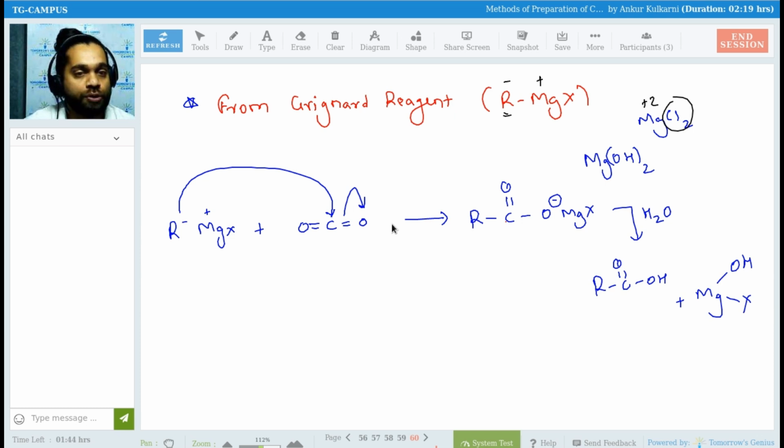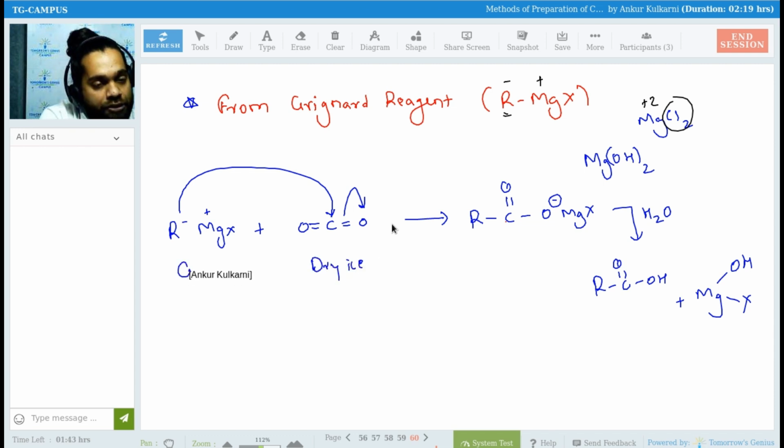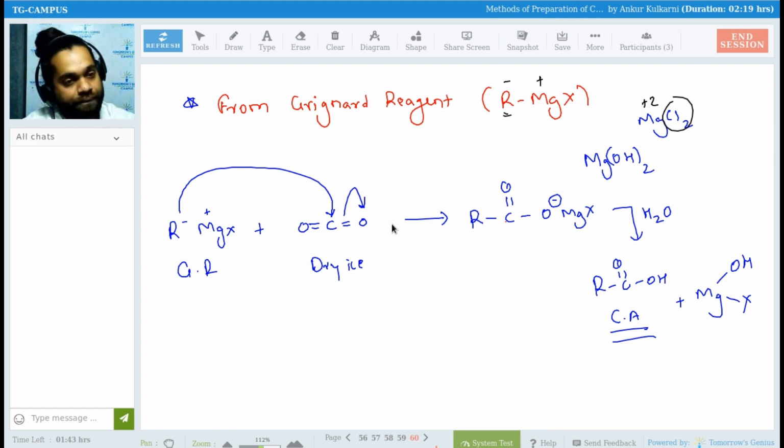Come on, write it down. I'll give you one question to do on this. Write it down properly and understand this. Prashanti, understand this. This is your Grignard reagent. This is your dry ice. And what have you prepared?